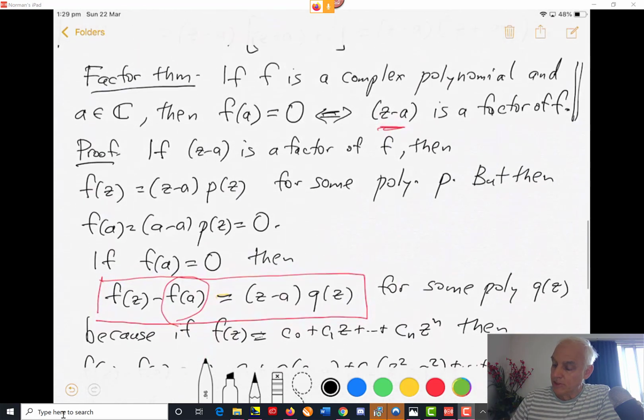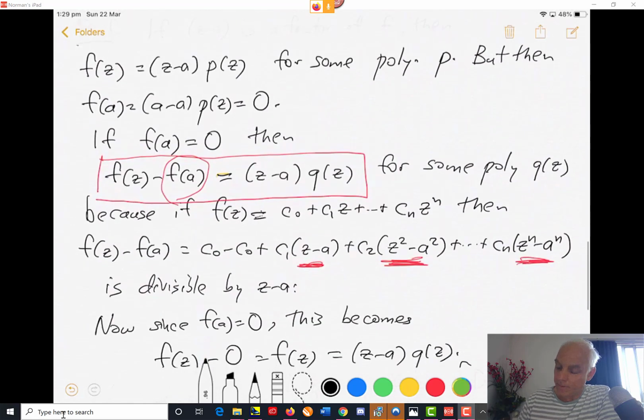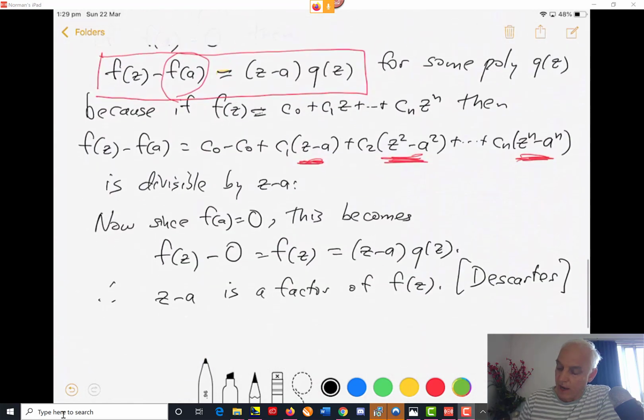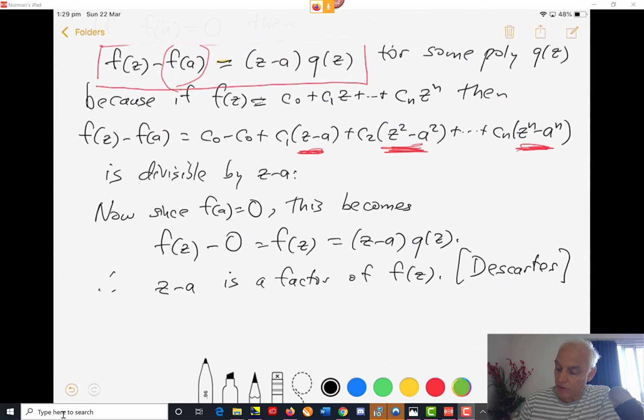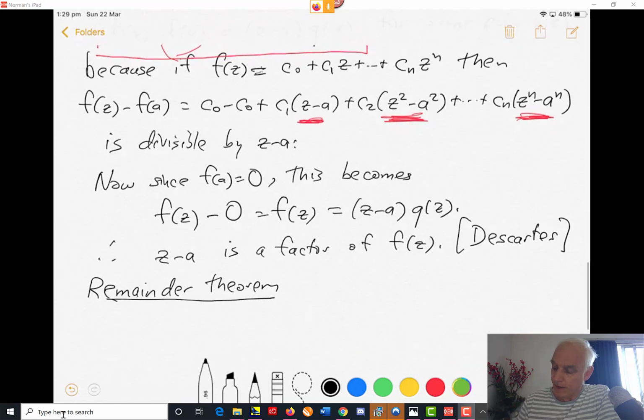There's another consequence of what we've just done, sometimes called the remainder theorem. Let's write that down too. So the remainder theorem takes this equation that we've just established and we apply something else.